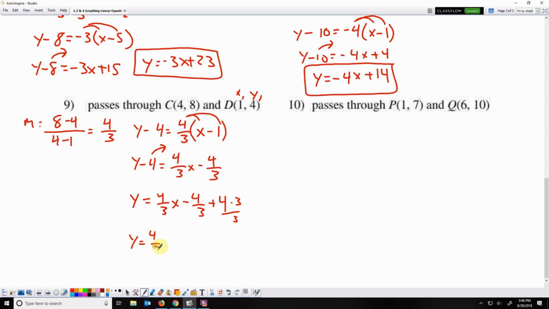Y equals 4/3 x minus 4/3 plus 12/3. So we've got y equals 4/3 x, and then negative 4 plus 12 is 8, so plus 8/3.